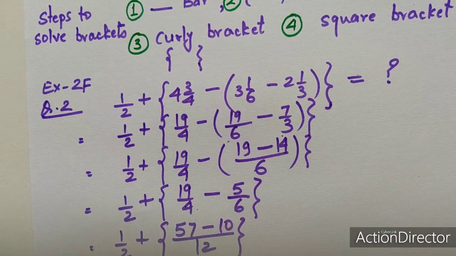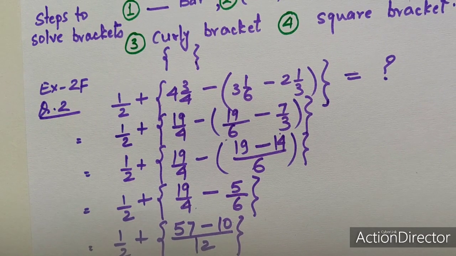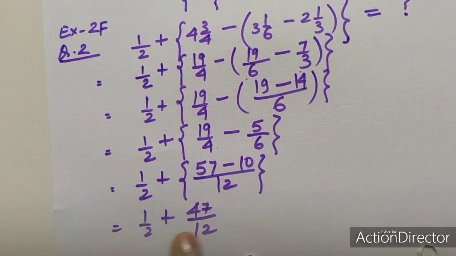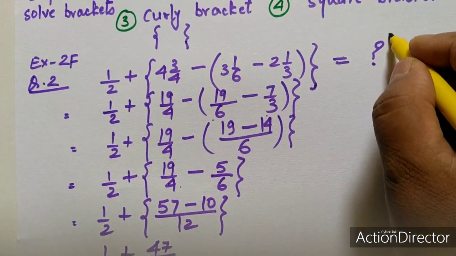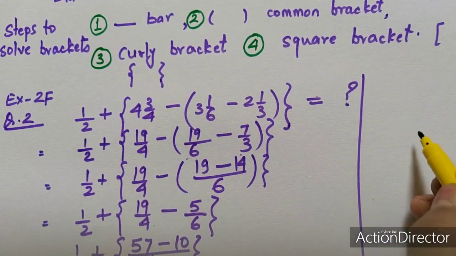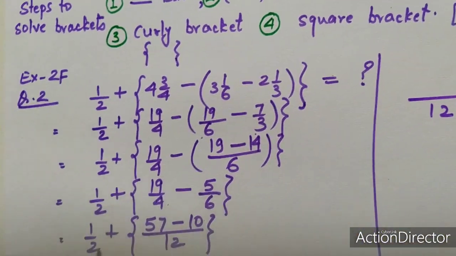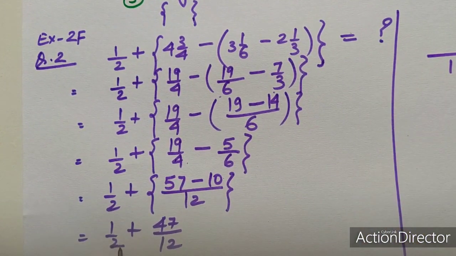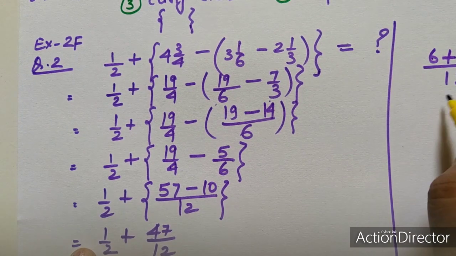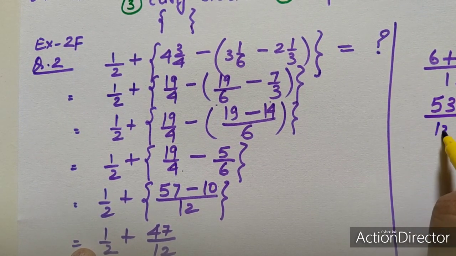After that 1 by 2 plus, when you subtract 10 from 57 it is 47 by 12. 12 is the denominator. After taking the LCM of these numbers, I am solving this side. So 2 and 12, the LCM of 2 and 12 is 12. So here, when you divide 12 by this 2, it is 6. So 6 ones are 6 plus 47 as it is. So it is 53 by 12.